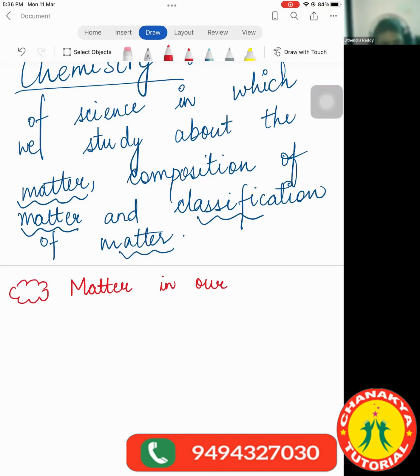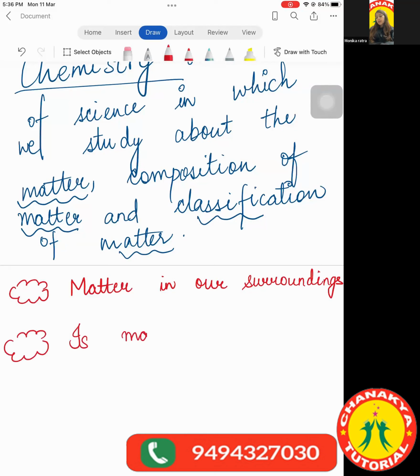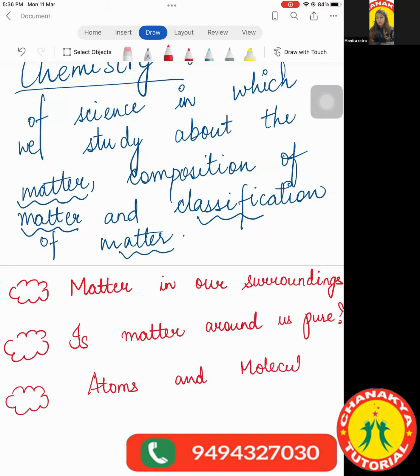Yes, ma'am. So the first chapter is matter in our surroundings. Then the second chapter is is matter around us pure? Then the third chapter is atoms and molecules. And the last chapter which we have to study is the structure of atom.